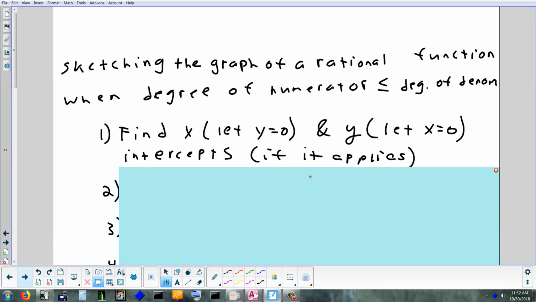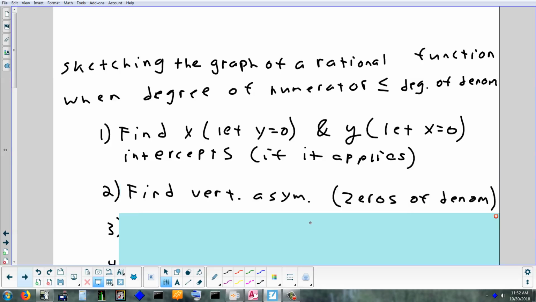Those are helpful points when you're making a sketch. Next thing you want to do is find your vertical asymptotes. That's usually pretty easy. We just have to find what would make the denominator 0. Worst case scenario, you're going to have to use quadratic formula. But most of the time, if it's not a really easy problem, it's probably going to be factorable.